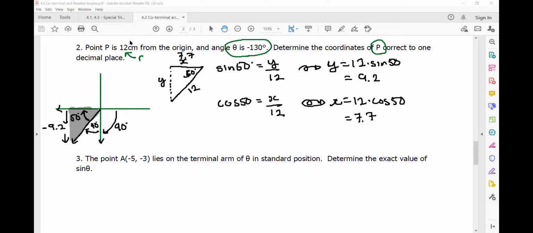And the x value, it's in the third quadrant, which means it's actually negative 7.7. The coordinate point of P, that gives me a radius of 12 and an angle of 50. P is negative 7.7 and negative 9.2.